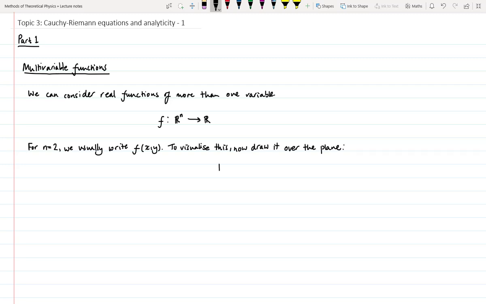So we'll have to give ourselves 3 axes this time. This is our x, this is our y, and this is the output of the function f of x and y.